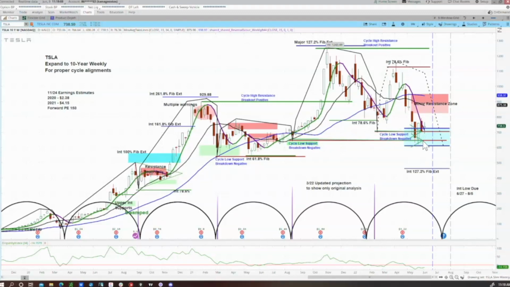So then we were able to create a minor resistance zone using the current cycle high and that recent low. If Tesla were able to get up into that zone, we would consider it a good short side opportunity for a decline into this cycle low timing period that I mentioned earlier from June 27th to August 5th.